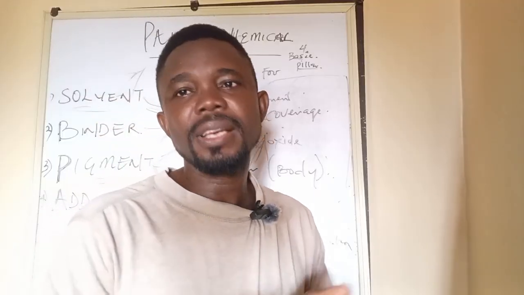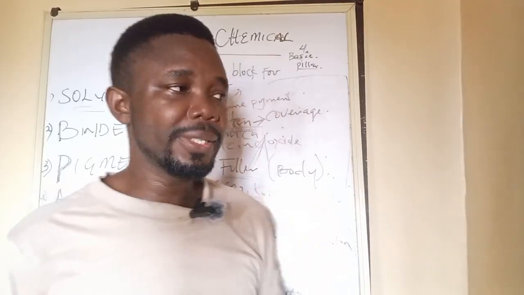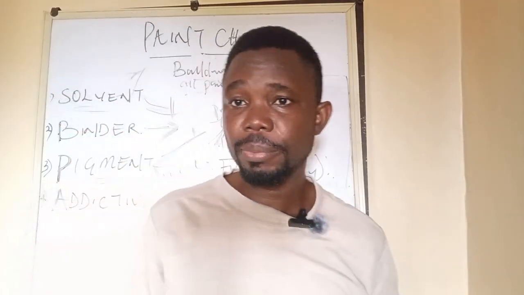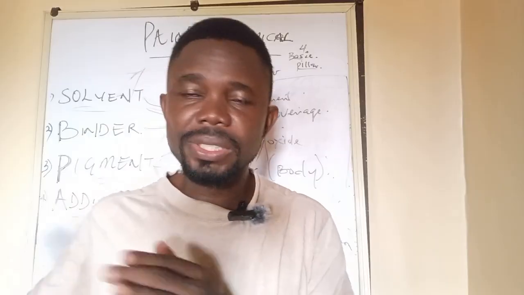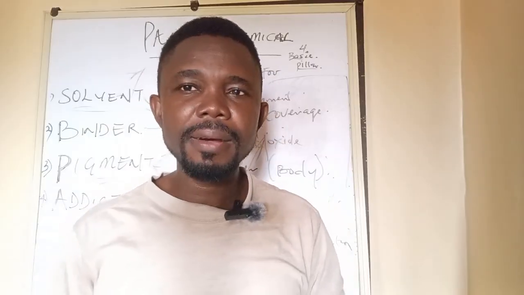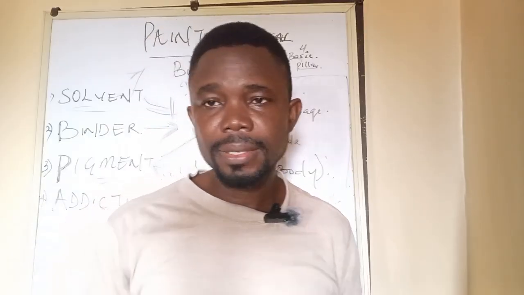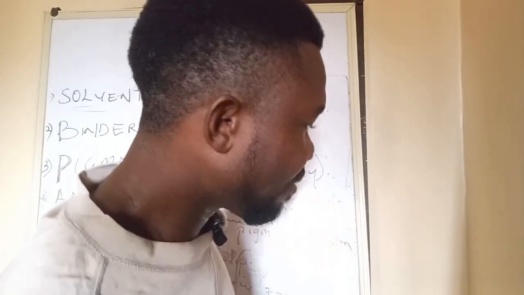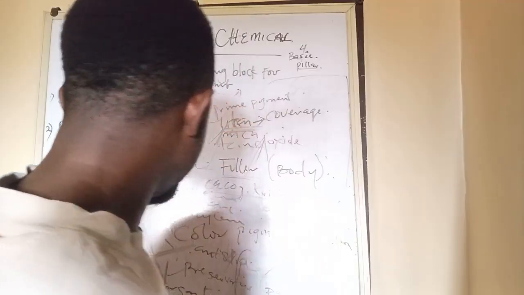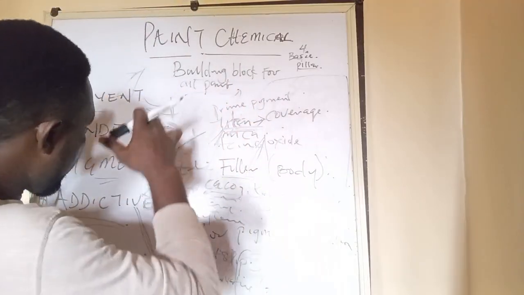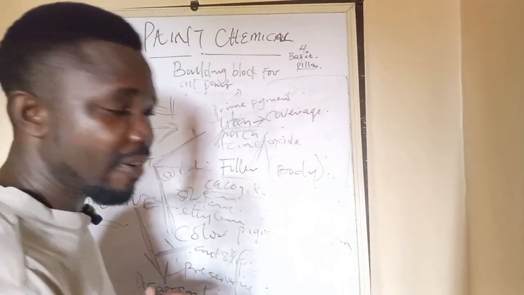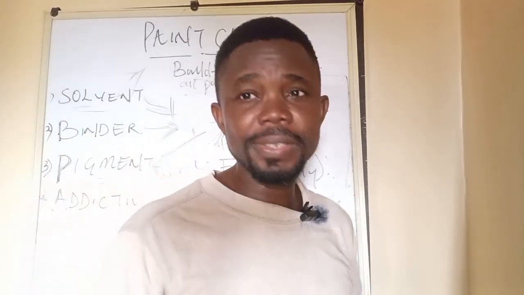Especially in cold climates, they usually add it a whole lot in their paint product because they have very cold weather, unlike what we have here. We are actually very, very blessed. So those are the four pillars of paint production.